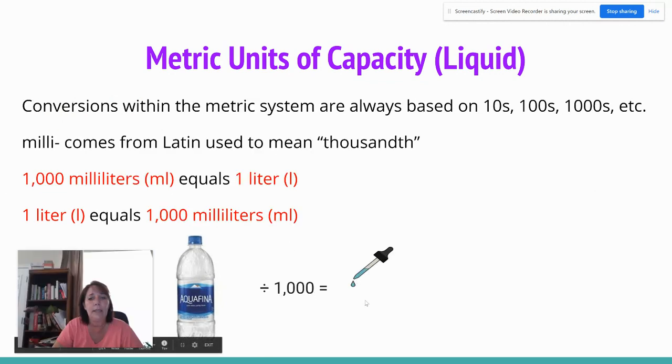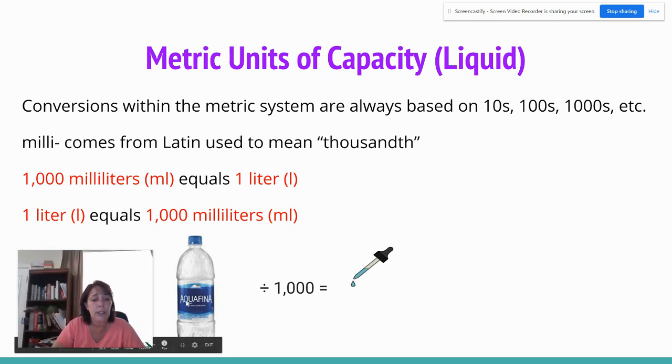Now, what does that mean when we are converting it? Milli comes from the Latin root word, and it means thousandths, which is less than 1, very much less than 1. So you'd have to have 1,000 of those drops to equal this bottle that you would bring into school to drink.